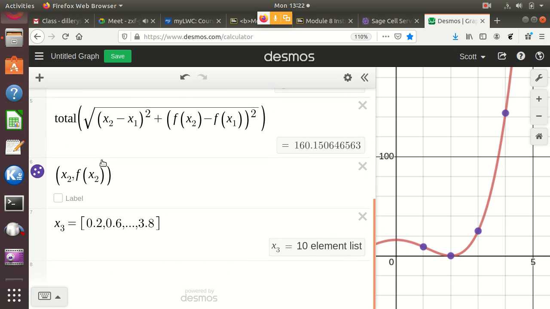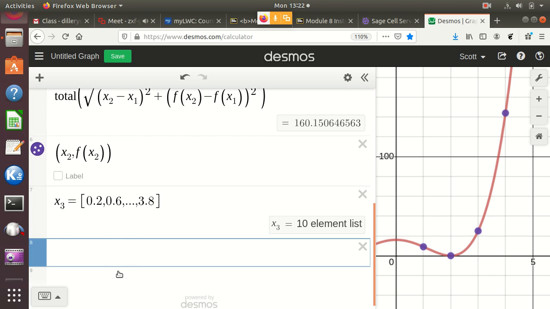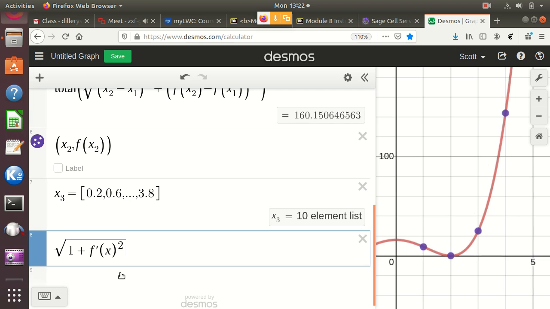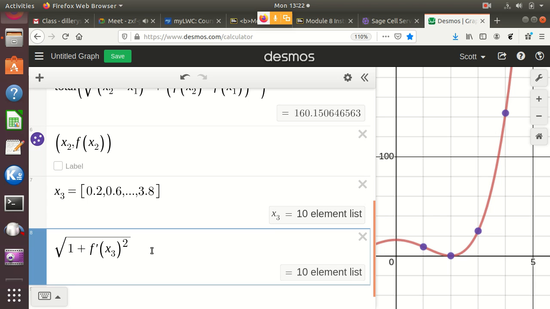So I copied it, and then I come down here and I do a Control V to paste it. Now, I need to do this with my 10-item list, so I just go in there and say X3. I've got a 10-element list, so there's my midpoint function evaluated.